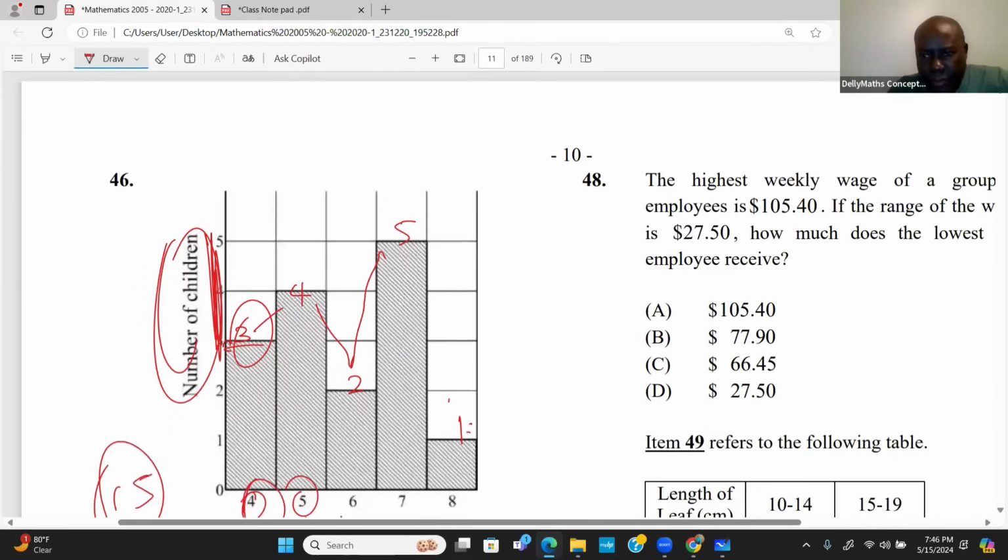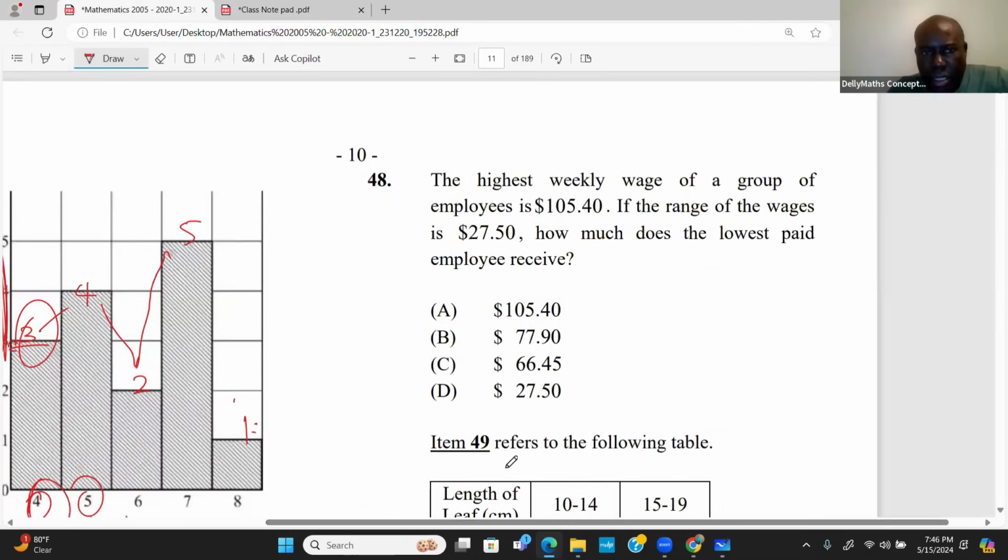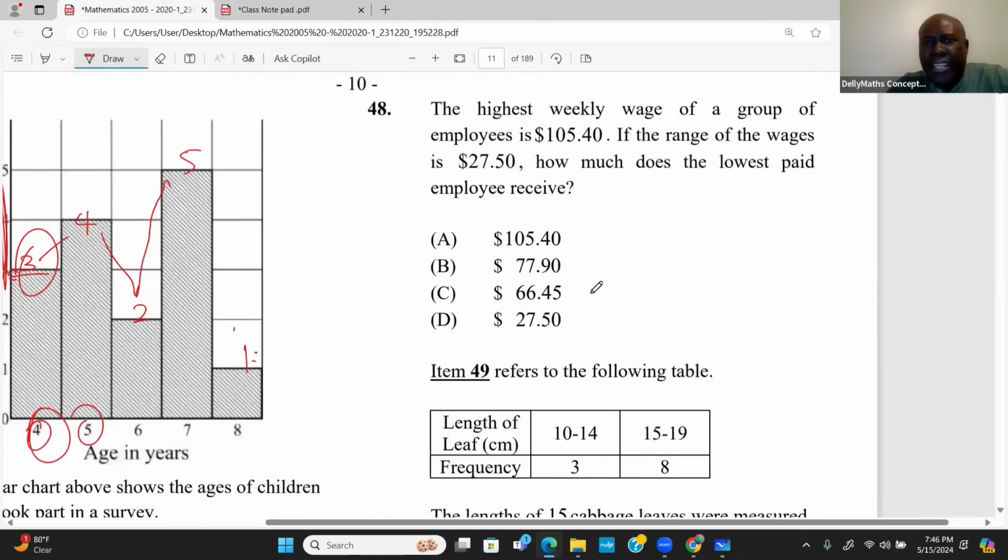48. The highest weekly wages of a group of employees, and the range. Okay, what is the lowest? Remember, range is highest, subtract lowest.